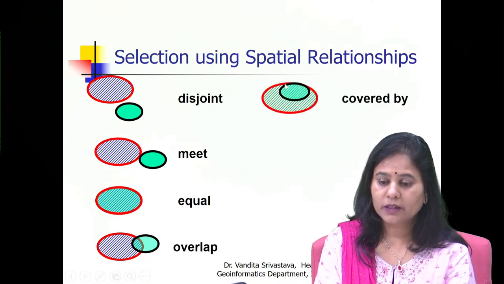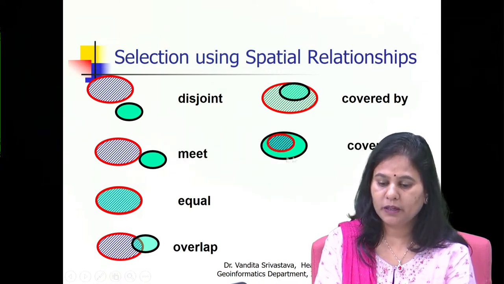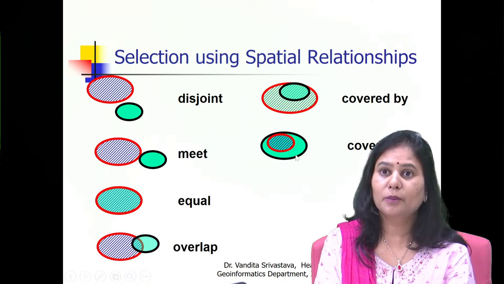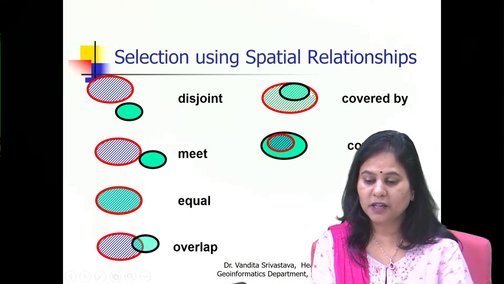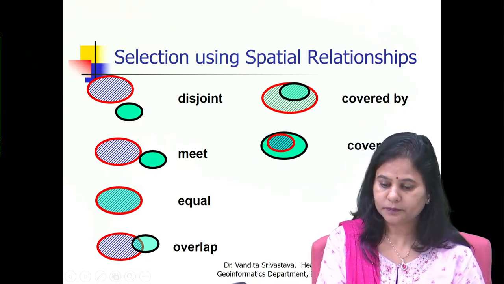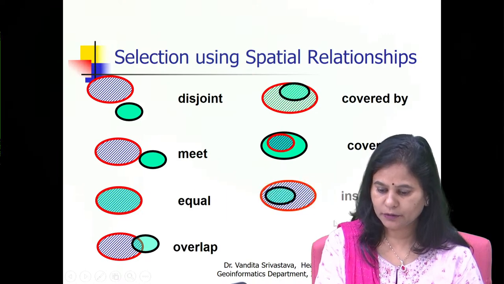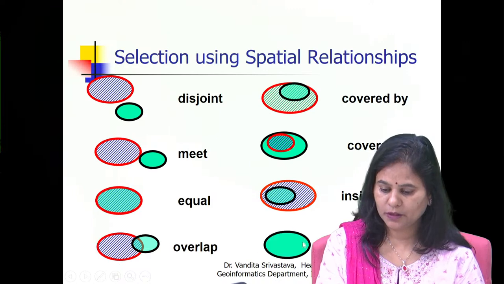When the condition is like that, B is covered by A, so here B covers A, or A is covered by B. So these are similar, the relationship is the same, but it is reversed if you talk from the perspective of A or B. And then you have B is inside A, or A covers B. So here A covers B, or B is inside A. Here B contains A, or A is inside B.